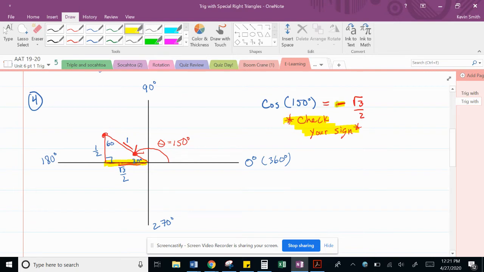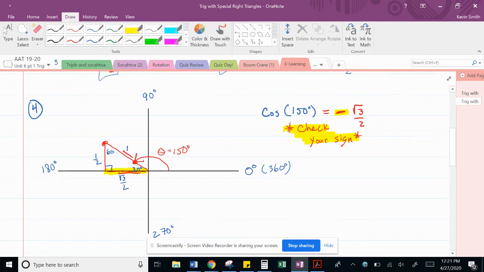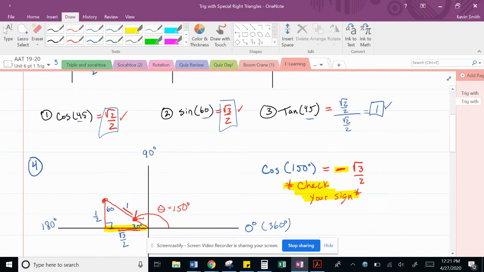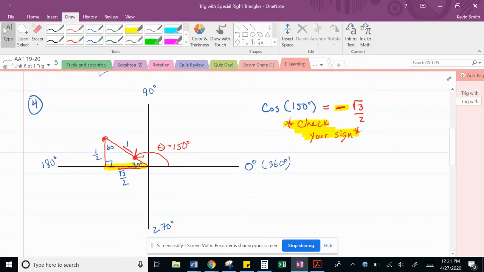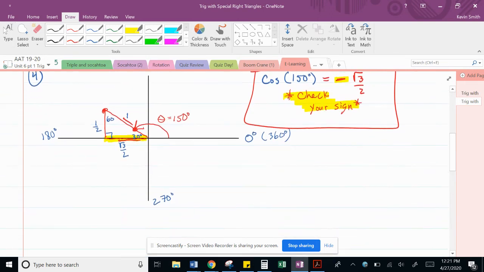And again, you just need to check for negative. So really, it's the exact same thing as above, but we're in a different quadrant, and you need to identify, is cosine or sine or tangent going to be positive or negative in that quadrant? So there's our answer.